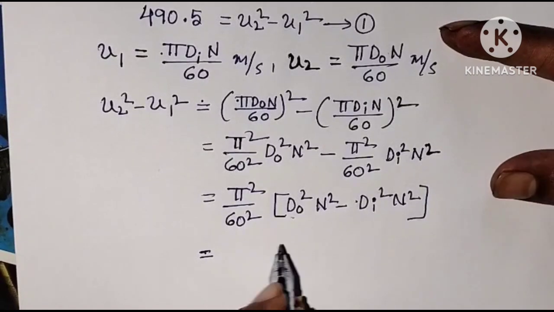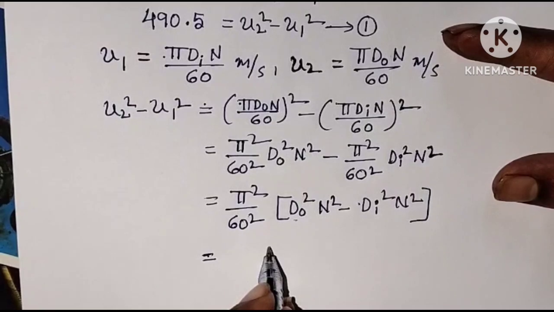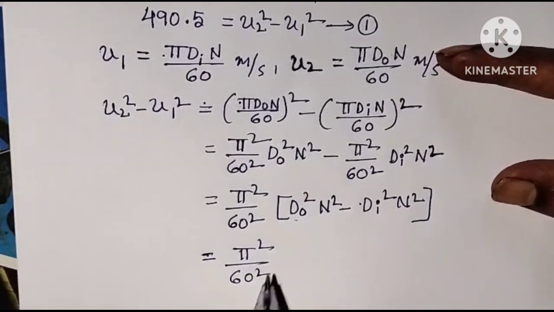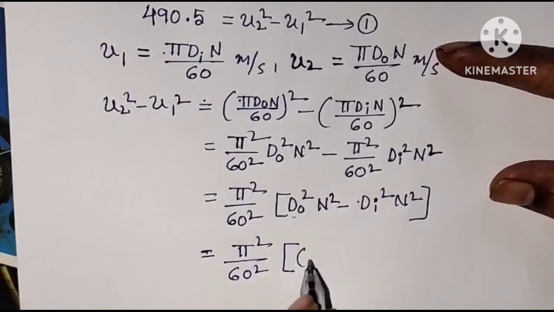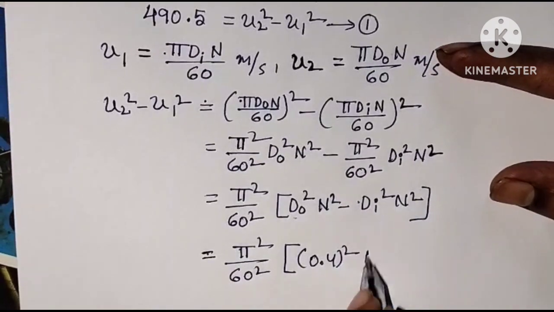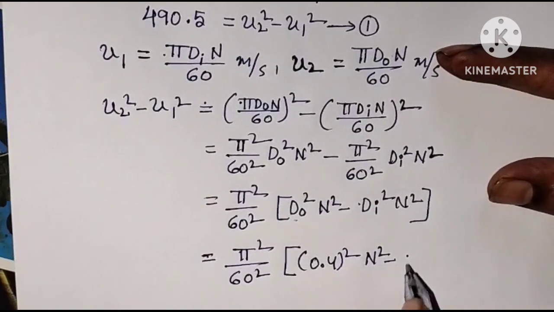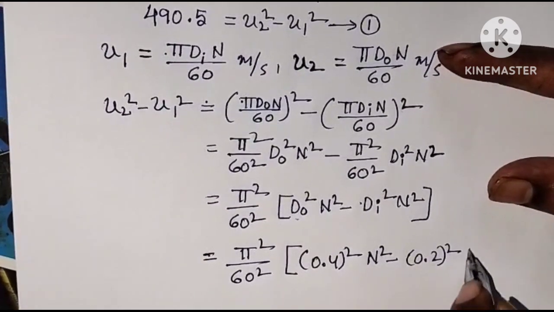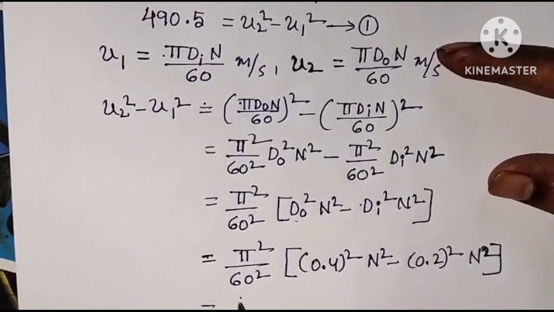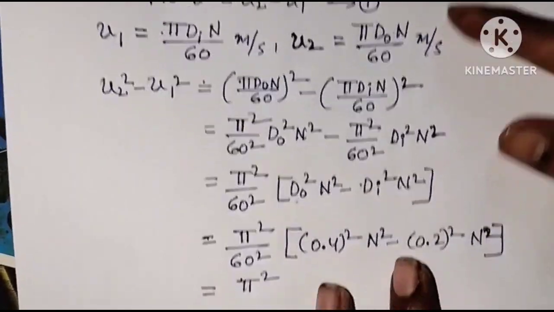So pi square by 60 square, D naught square is 0.4 whole square N square, minus Di square, which is 0.2 whole square into N square. Now let us take out N square common.